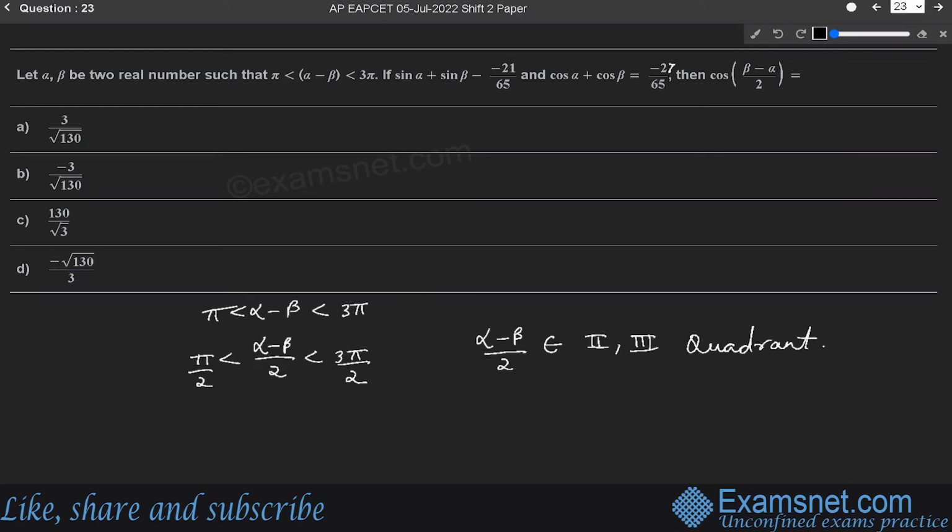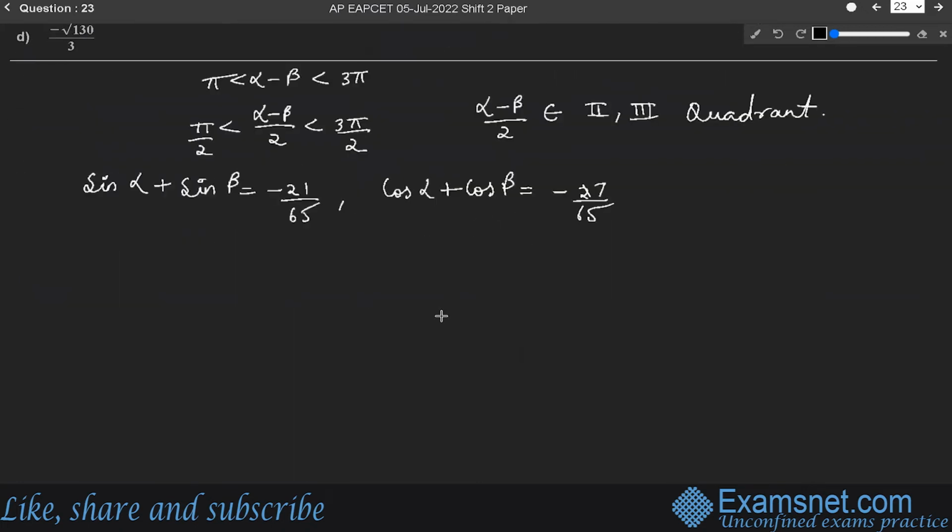Two more expressions are given, which is sine alpha plus sine beta is equal to minus 21 upon 65 and cos alpha plus cos beta is equal to minus 27 upon 65. On squaring both the terms, we will get sine square alpha plus sine square beta plus 2 sine alpha into sine beta is equal to 441 upon 65 square.